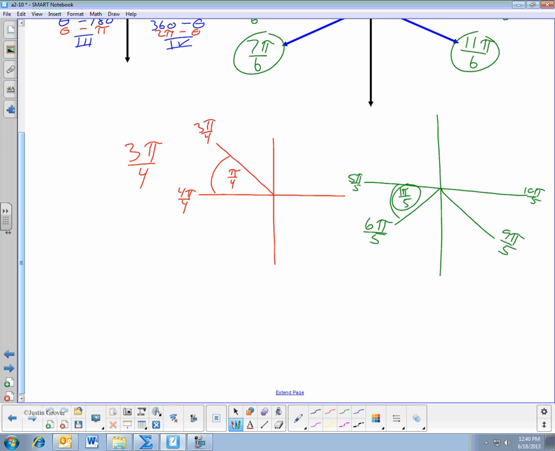So if you think of it in terms of 180 being 5 pi over 5 and 360 being 10 pi over 5, in quadrant 2 I'm 1 short of 5 pi over 5, so that's 4 pi over 5, in quadrant 3 I'm 1 more than that, 6 pi over 5, and in quadrant 4 I'm 1 short of the 10 pi over 5. Reference angles in radians really aren't that complicated. But a lot of people shy away from them, and so they convert them to degrees and work in degrees, which is fine, but radians don't need to be that scary when you understand the relationship between them.